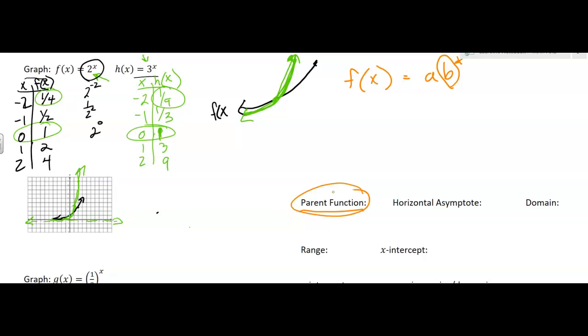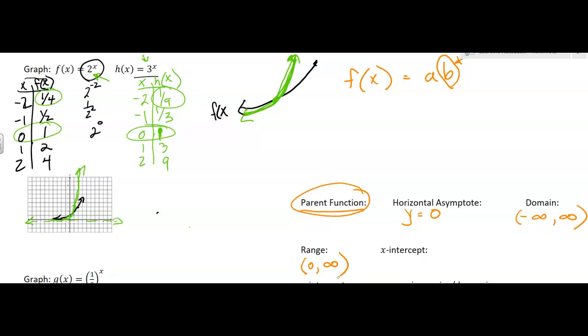Okay, so in this case, the horizontal asymptote was y equals 0 for both of those functions. The domain was -∞ to infinity for both of those functions. The range was, now it's going to be 0 to infinity. We don't have any points below the x-axis, right? So the range doesn't include 0 because we're not actually touching the x-axis.